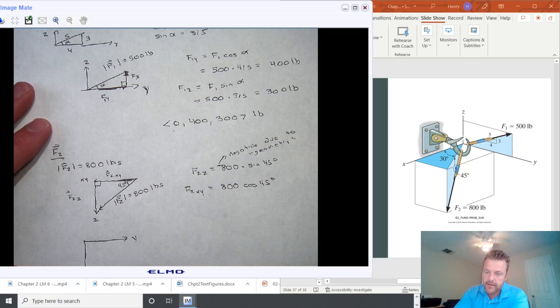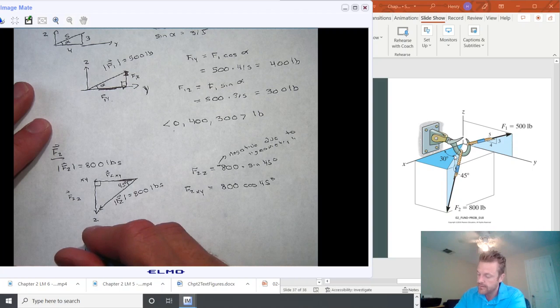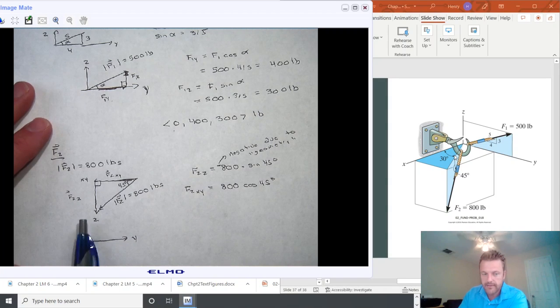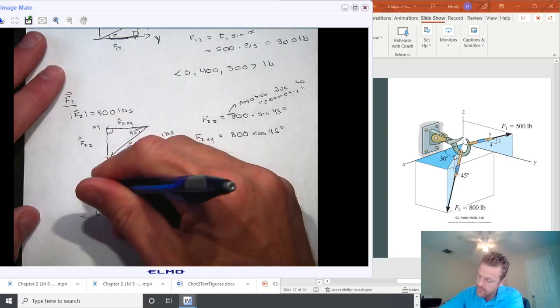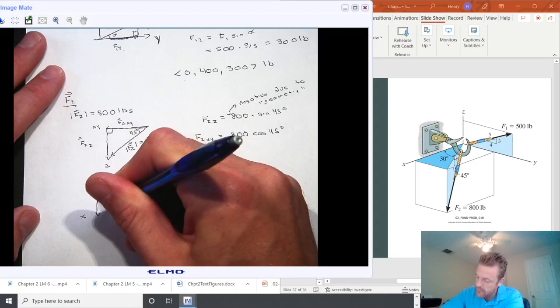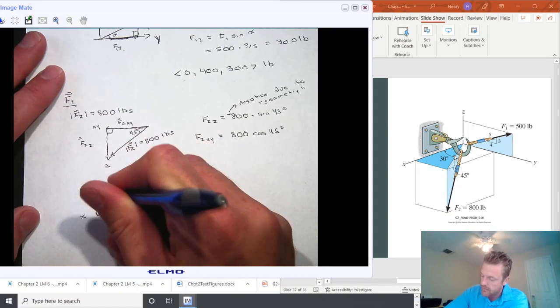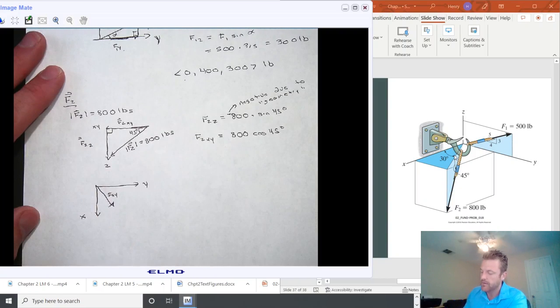And what information are we given about the projection of this vector into the xy plane? Well, we know that its geometry is defined by a 30-degree rotation from plus x towards the y-axis. So I'm going to take the positive x-axis and rotate by 30 degrees. So that's going to be my Fxy, that quantity that I computed above.